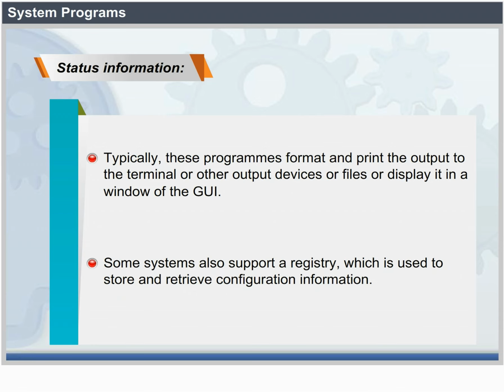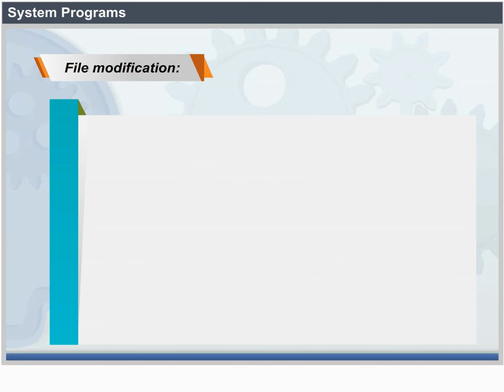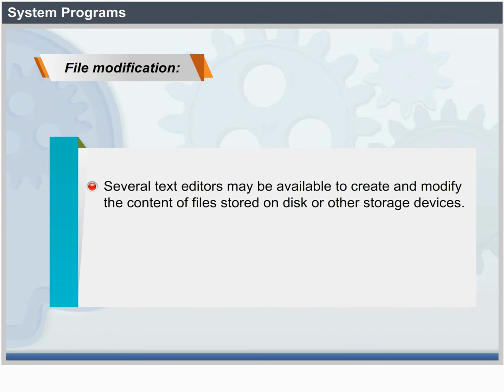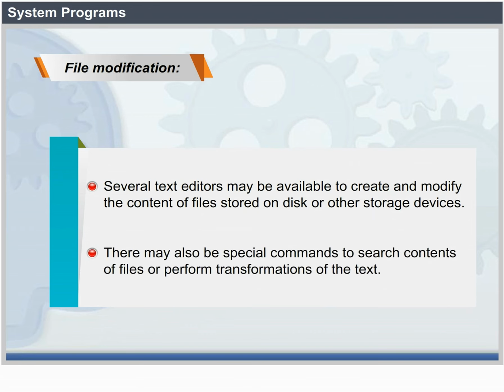File modification. Several text editors may be available to create and modify the content of files stored on disk or other storage devices. There may also be special commands to search contents of files or perform transformations of the text. Programming language support.